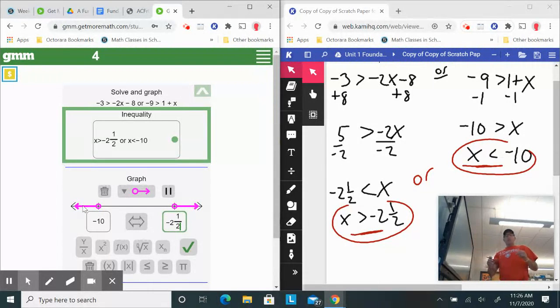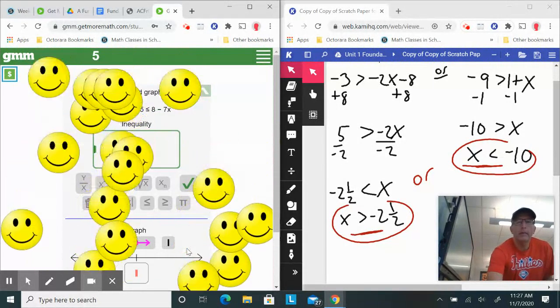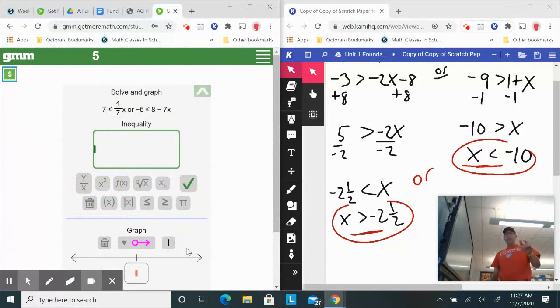So a lot of your or inequality solutions will be graphed going out. Now, sometimes you need to shade the dot and sometimes not, depending on if it's a less than or equal to, or less than, or greater than or equal to, or just greater than. All right, so let's check it. And so we got it. All right, so do your best. Just be careful of reversing signs and double check before you tap that green check mark. Good luck.